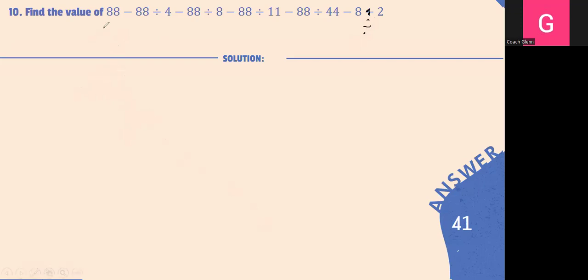So first we have 88. 88 divided by 4, that's equal to 22. 88 divided by 8, that's 11. 88 divided by 11, that's 8. Wait. What was it? Was it 88 divided by 2 or 8 divided by 2?